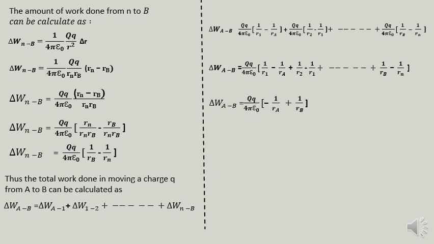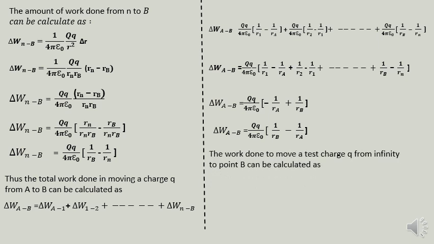Now delta W A to B is equal to Qq upon 4 pi epsilon naught, minus 1 over RA plus 1 over RB. यहाँ आपके पास तमाम 1 over R1, 1 over R2, 1 over R3, 1 over R4 ये तमाम के तमाम नेगेटिव और पॉजिटिव वैल्यू एक दूसरे को कैंसिल कर देंगी, और सिर्फ रिमेनिंग वैल्यू जो हमारे पास रहेगी वो रहेगी माइनस 1 ओवर RA प्लस 1 ओवर RB. इसको जब रीअरेंज कर लेंगे, so delta W A to B is equal to Qq upon 4 pi epsilon naught 1 over RB, क्योंकि पॉजिटिव का है इसको पहले लिख लिया, minus 1 over RA.